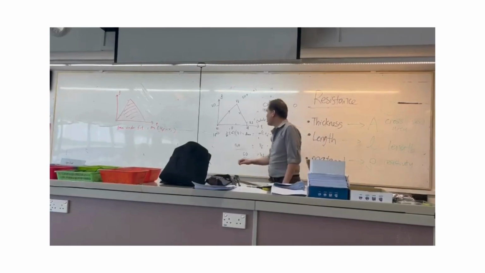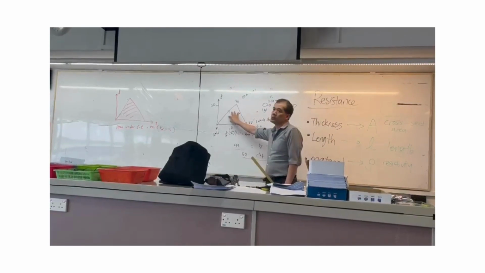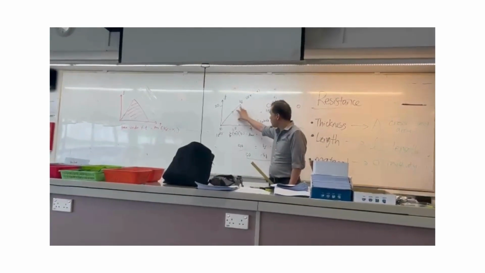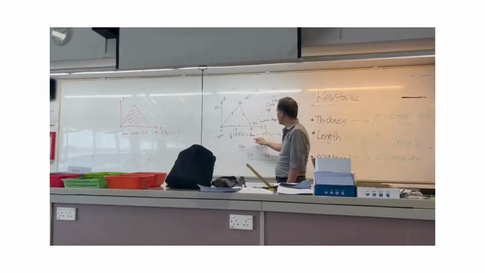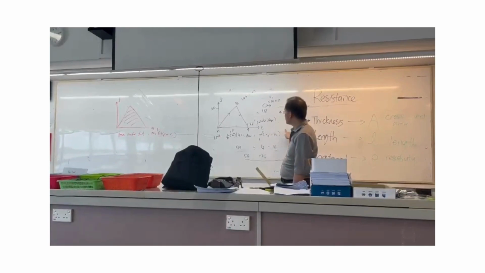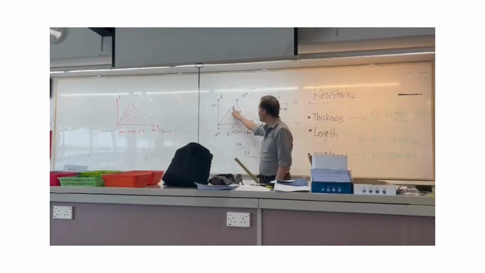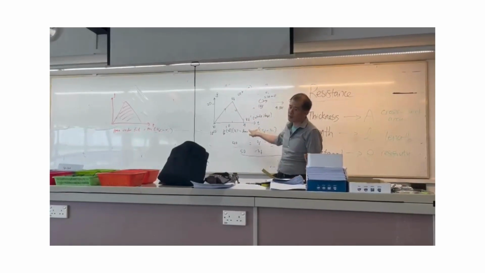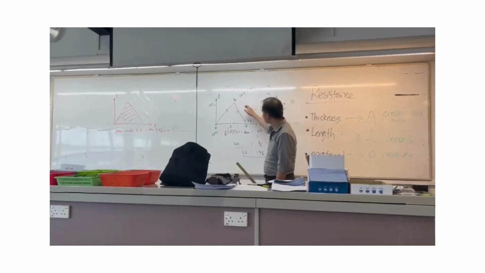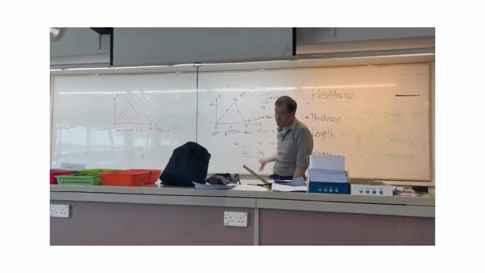So I taught you the area under the graph is equal to the change in momentum. The area, half base times height, is equal to m(vf minus vi). For the first stage and second stage, I'm just breaking these two up so that you know that they are not the same.